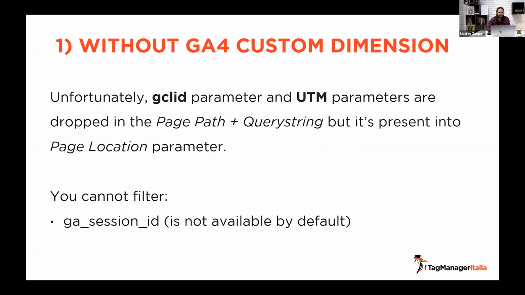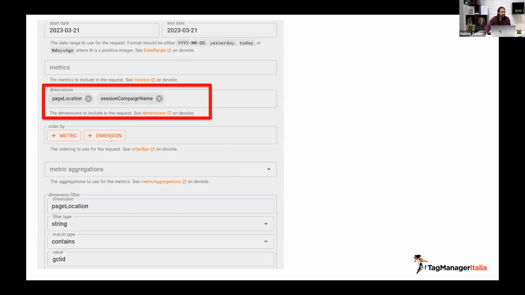The gclid parameter is not available in the page path and query string dimension, but it is present in page location. Of course, you cannot filter by GA session ID because it's not available by default. If you didn't create it before, you cannot filter by GA session ID.